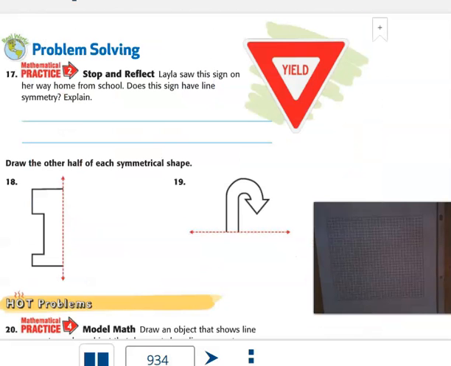On the problem solving, number 17, they're not just talking about the shape on this side. If you look at this shape, would it have line symmetry, yes or no? It would have a line of symmetry, but it's talking about the whole sign, so pay attention to that.